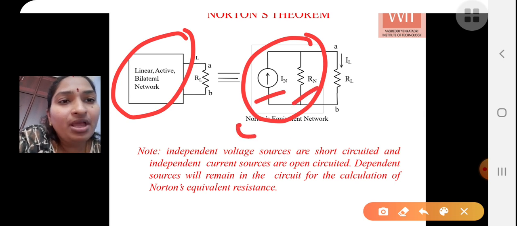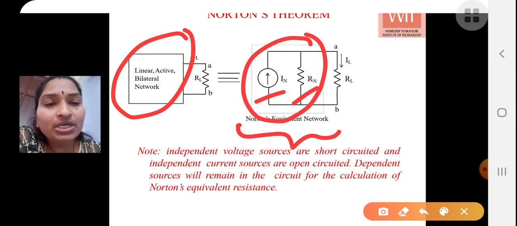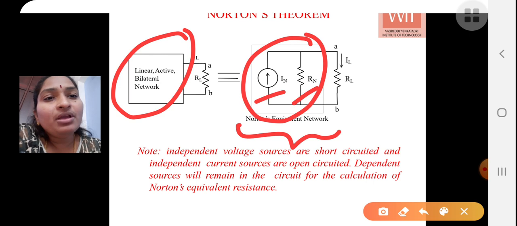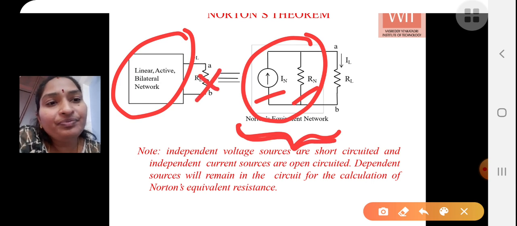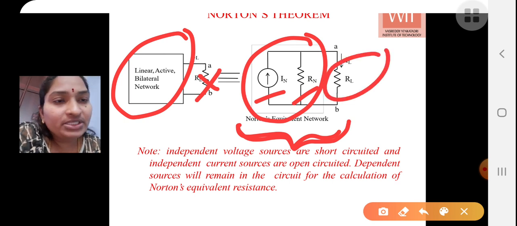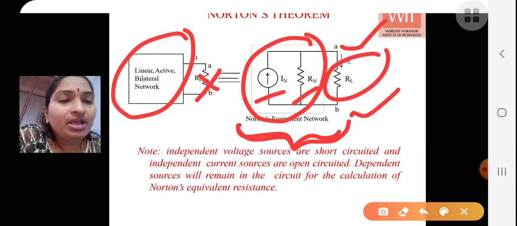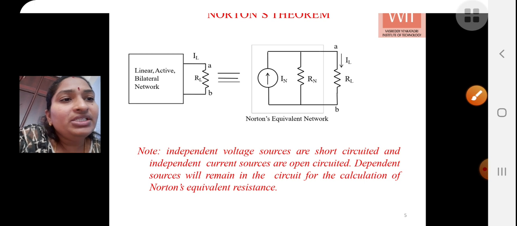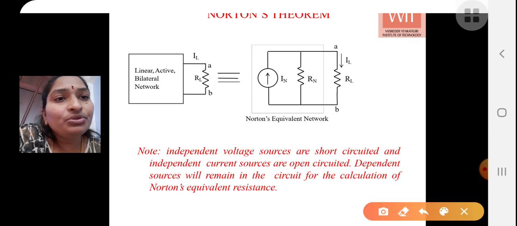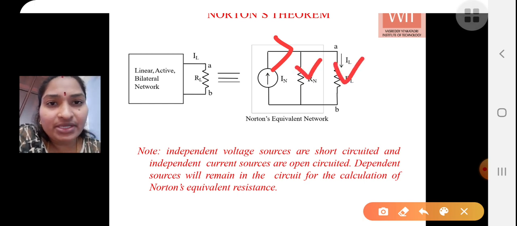Now, in order to find the response through the unknown load resistive branch, whatever load branch we removed to draw the Norton's equivalent circuit has to be reconnected across the terminals A and B. After reconnecting this branch, it is a parallel circuit where IN is the Norton's total current, and that total current will be divided across the two parallel branches.